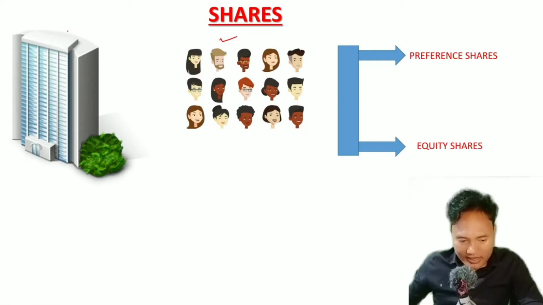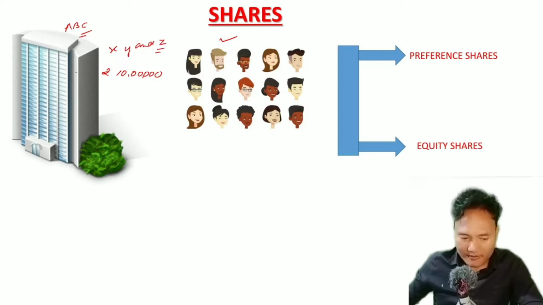Let us take an example. Suppose this is a company ABC. This company has an authorized capital of rupees 10 lakhs. As we know, to start a company there have to be shareholders. Let us assume that X, Y, and Z are the three shareholders of this company.